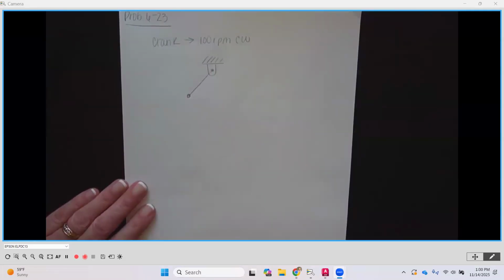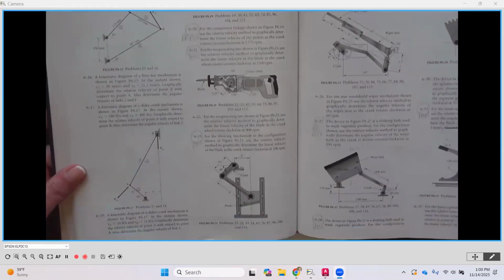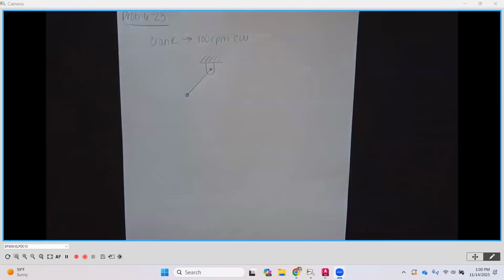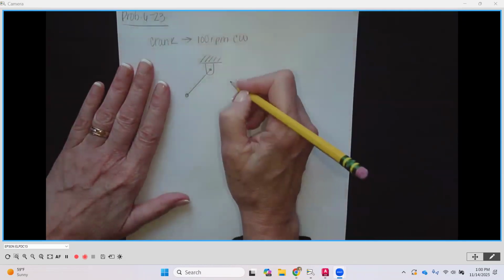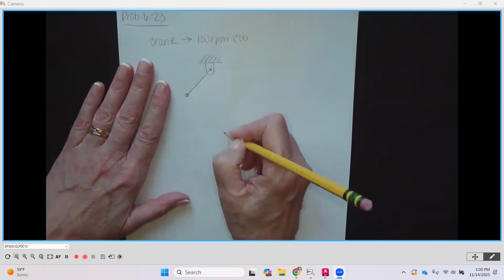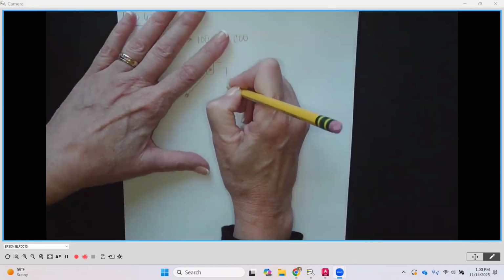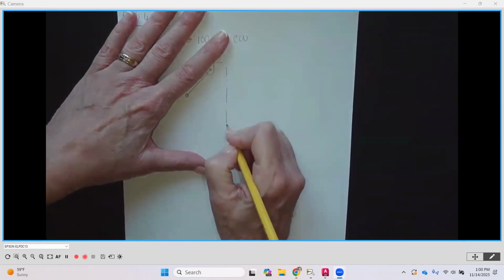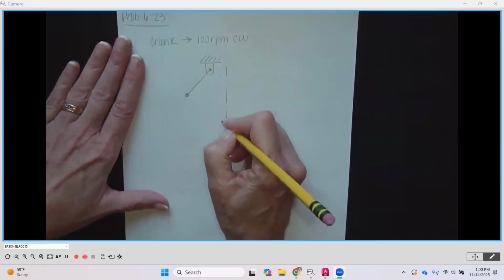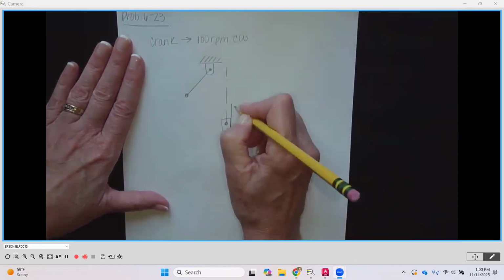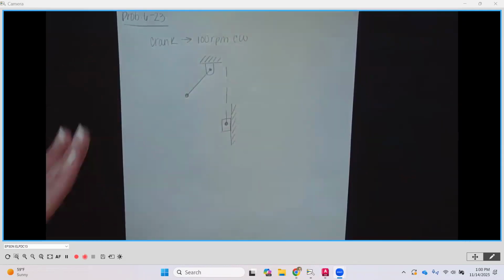Then what we need to do is represent our blade, which is constrained to only going vertical. So it's going to be represented by a slider, and that slider is going to be offset by 1/2 inch. I'm just going to go out here, and it'll be down here-ish, and we're going to show a slider, and that slider is constrained to a vertical direction.